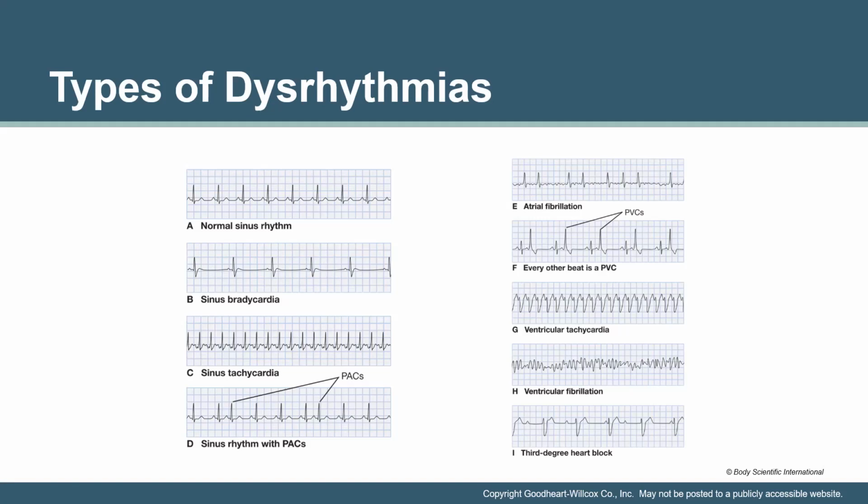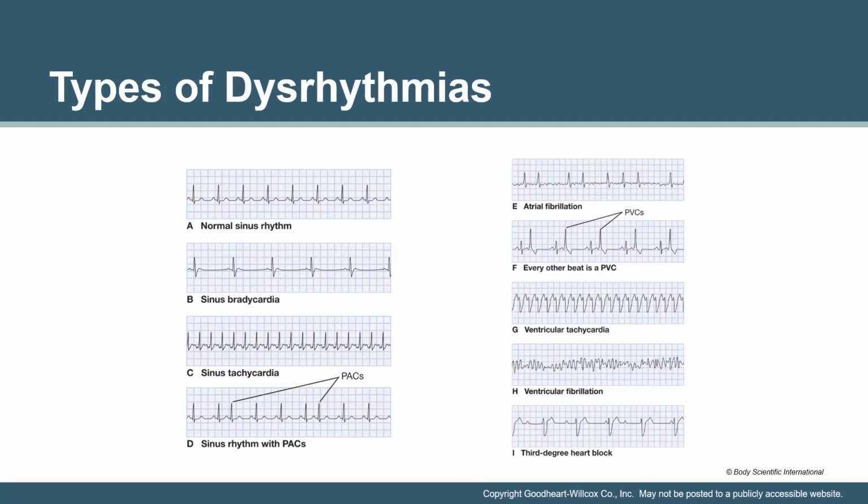Atrial fib is the most common type of dysrhythmia. However, if the ventricular rate is too low or too high, we might need some type of intervention for AFib, and that can be medication.